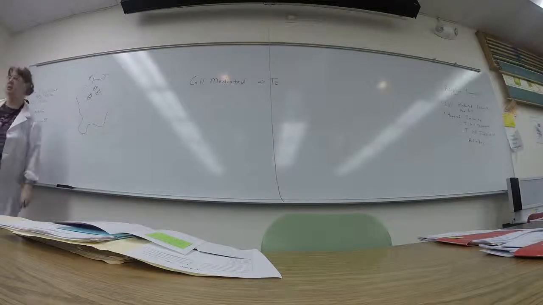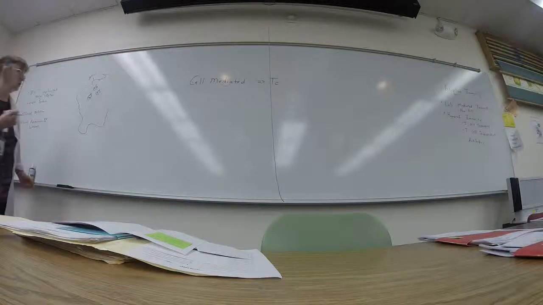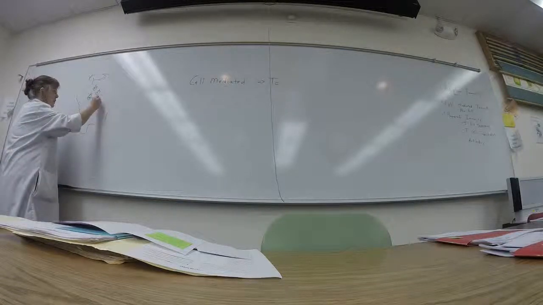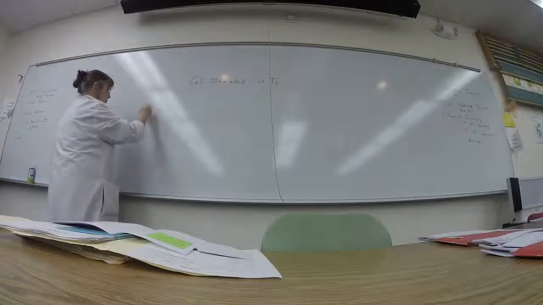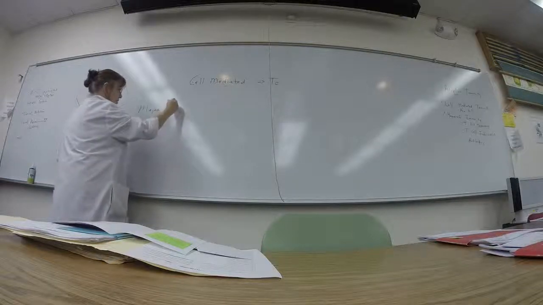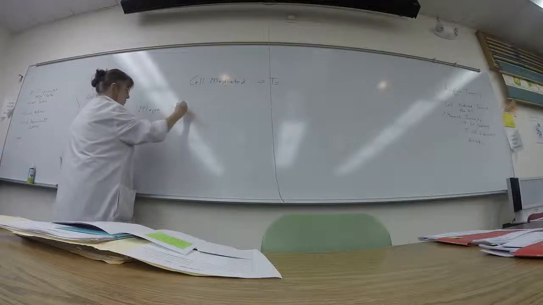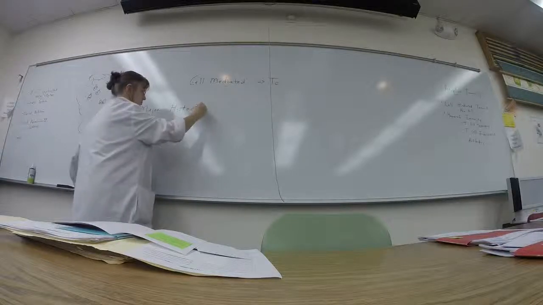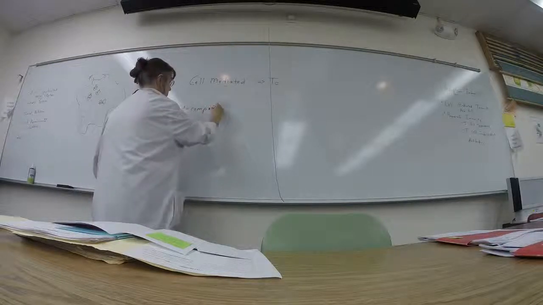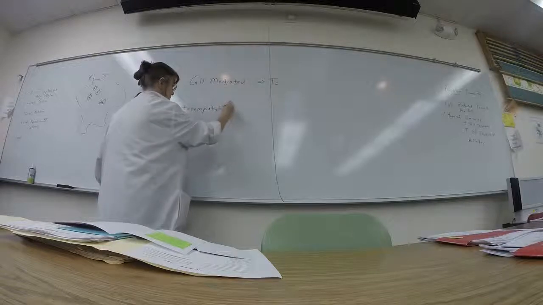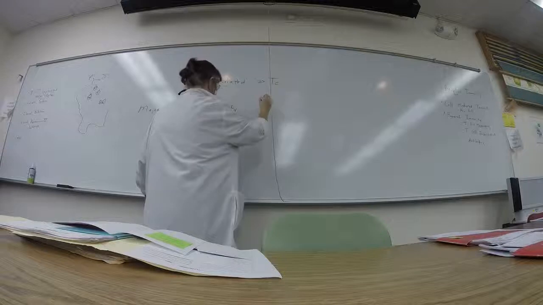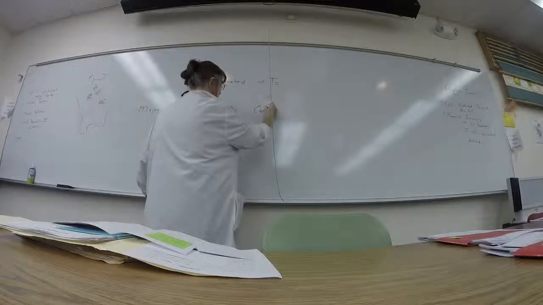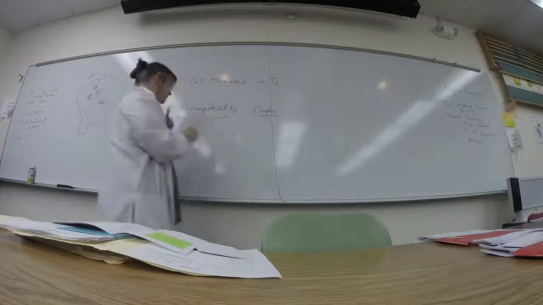In each mammalian cell, you have also what I call flag bases on MHC, that is major, because it's important, histocompatibility, histo for tissue, and complex. Major histocompatibility complex, MHC.